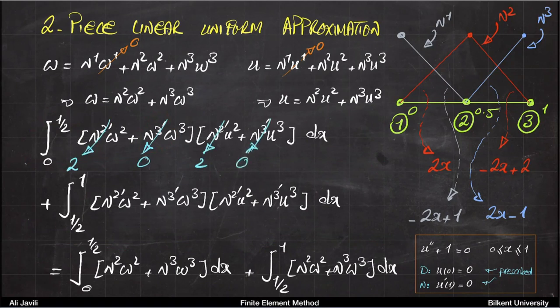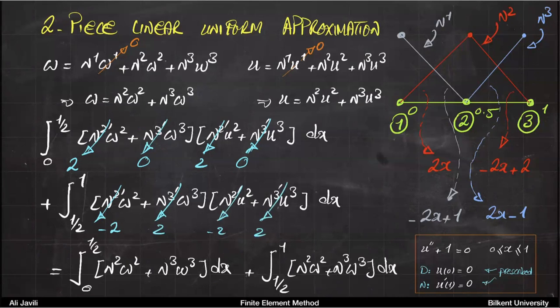Then for the second half, n2 prime is now minus 2 and n3 prime is 2. n2 prime is again minus 2 and 2.